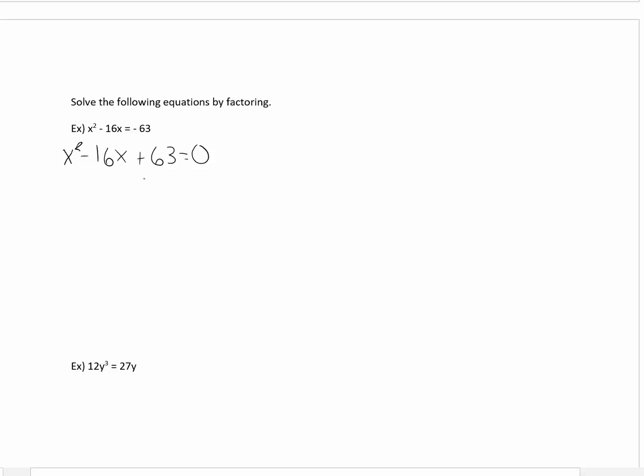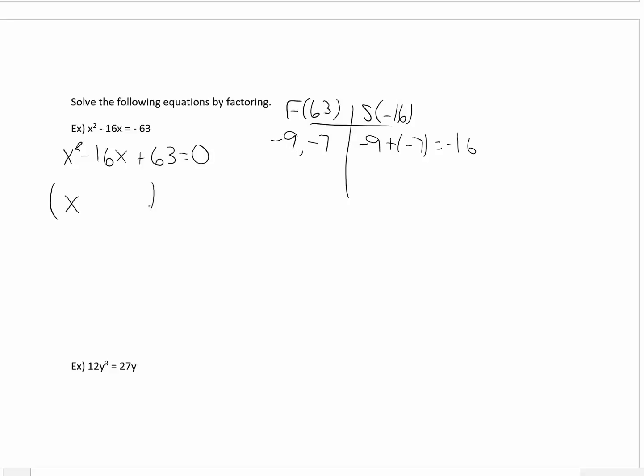The only GCF we have here is 1. So again, I want factors of 63 whose sum is negative 16. The two factors that work here are negative 9 and negative 7, because negative 9 plus negative 7 is negative 16. So I break down x squared as x times x, so minus 9 and minus 7.